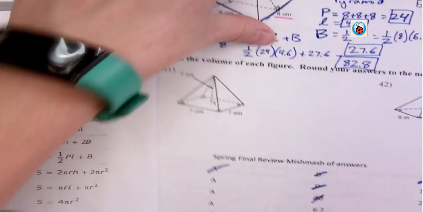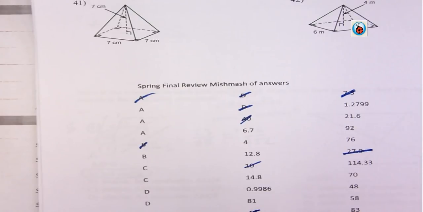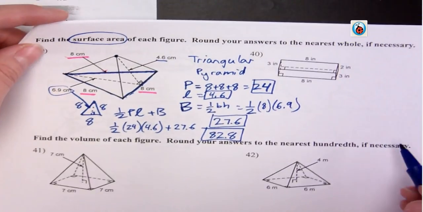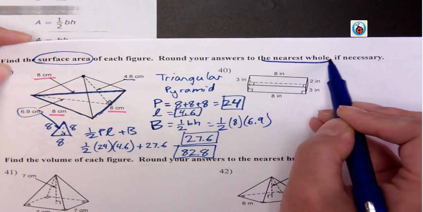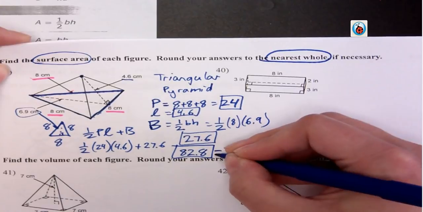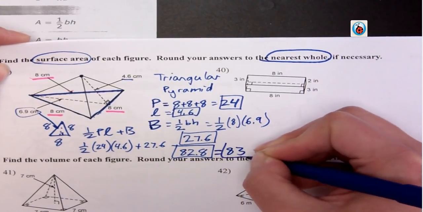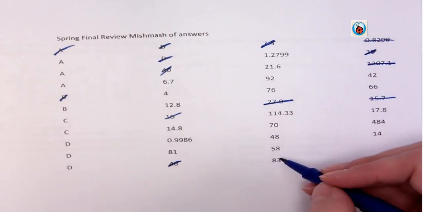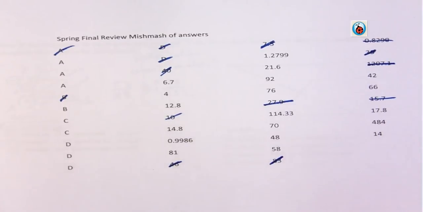And then I check my answer choices, which are right here. And I don't see 82.8, so I come back and I say, okay, round to the nearest whole. So nearest whole rounds up to 83, and that's centimeters squared. So 83 is an answer choice.